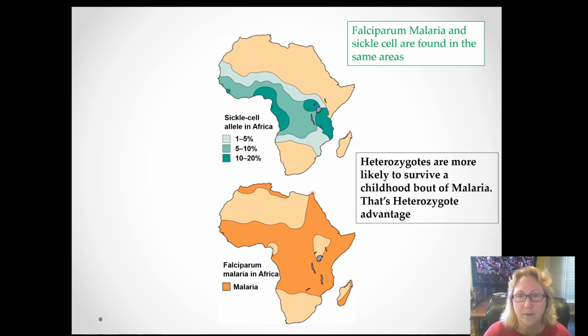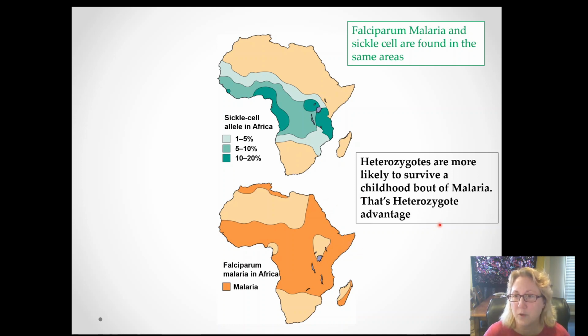Those are, coincidentally, areas where we also find this deadly form of malaria. Now you might wonder, what's happening up here? Why is the sickle cell allele not common here, and over here, where we also have the deadly form of malaria? Well, a different allele is common there, and I'll talk about that.